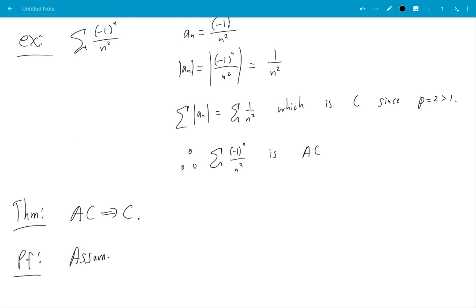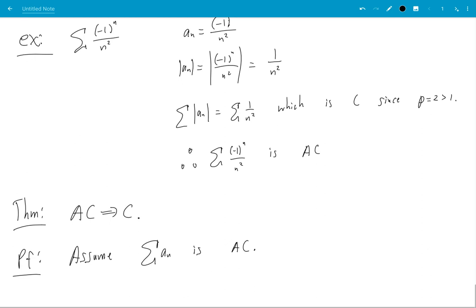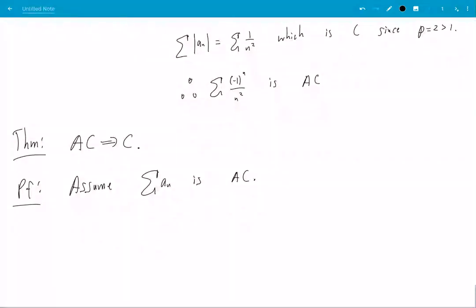You assume the summation of a_n is absolutely convergent. Prove it is convergent. I'll do a trick here. It's clever. Actually, I go a_n plus the absolute value of a_n. So if you take a number, -2 plus the absolute value of -2, you can see that that's always bigger than or equal to 0.